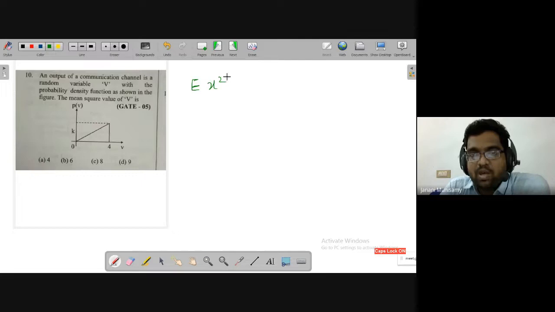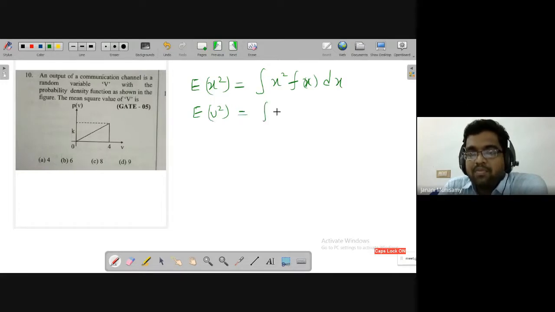E of x square means integration of x square f(x) dx. Here, instead of variable x, they gave v. So that means E of v square, integration of v square f(v) dv.